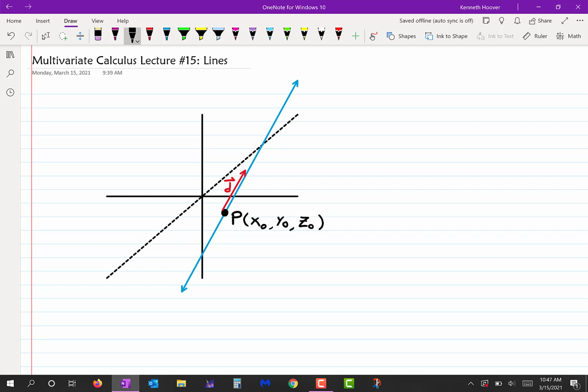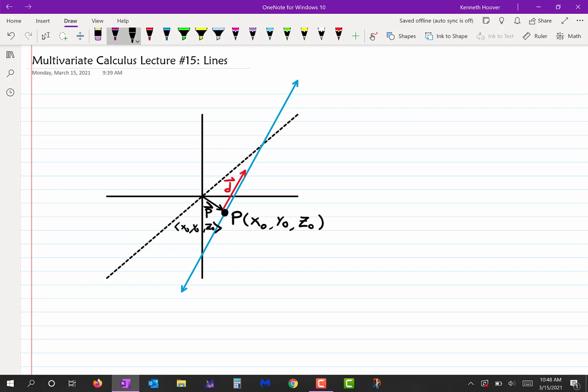So I'm going to introduce a vector from the origin to the point P. Okay, and we'll call that vector P. Okay, point P is a point and vector P is a vector that points from the origin to point P. So vector P would be the vector x0, y0, z0. Okay?